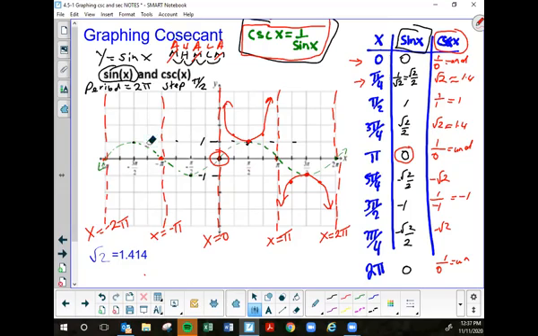Then look for all your high points. They intersect there. Smile on the high. Now it's got to go exactly through that point and then up again. That's the only place where the sine and the cosecant intersect. Look for your low and put a sad face, a frown on.